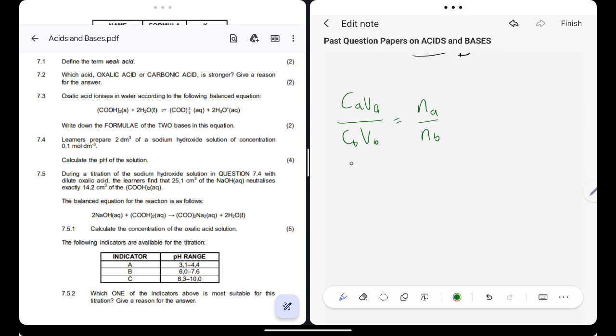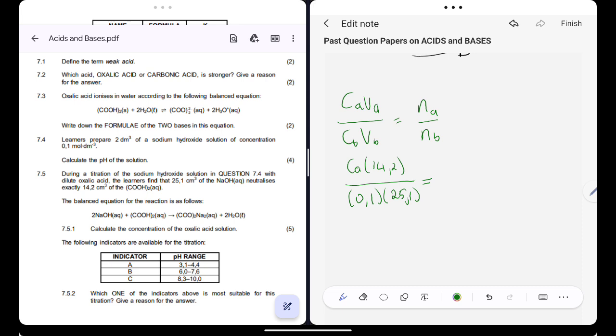The concentration of the acid is the one that we want, but I do know that the volume used for the acid is 14.2 cubic centimeters, and the concentration for the base is 0.1. The volume for the base which was used is just 25.1 cubic centimeters.